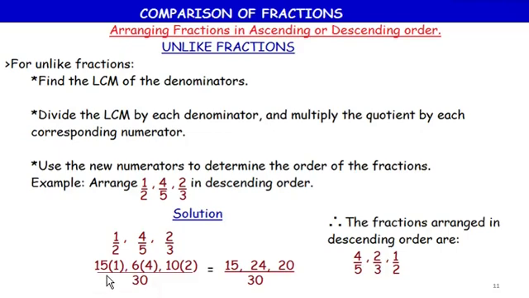Here we are going to find the LCM of the denominators of the given fractions, and then we will ask ourselves how many times the denominator divides the LCM, and we multiply it by the numerator. So let's take this example. We have to arrange 1 over 2, 4 over 5, 2 over 3 in descending order, meaning from the greatest to the smallest, right?